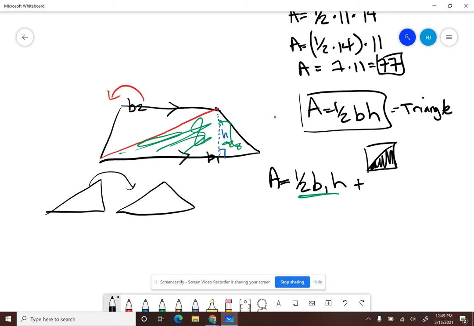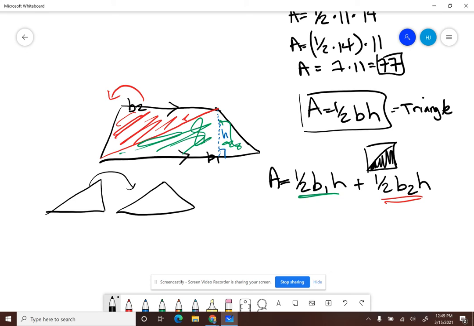Plus, I have 1/2 of base 2 times the height, which would give me this area here. So notice if I take the area of the first triangle and add it to the area of the second triangle, then I basically have the area of the trapezoid.